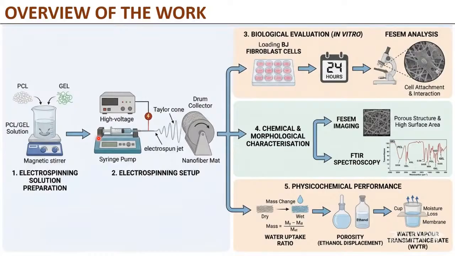We also evaluated their biological effects on the cell, most importantly, their ability to interact with the cells successfully. And we also did physicochemical performance studies through water uptake ratio, porosity through the ethanol displacement method, as well as water vapor transmittance.